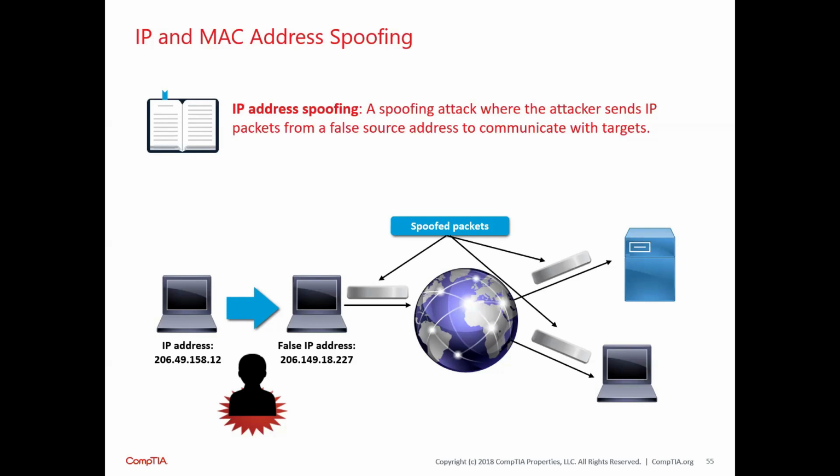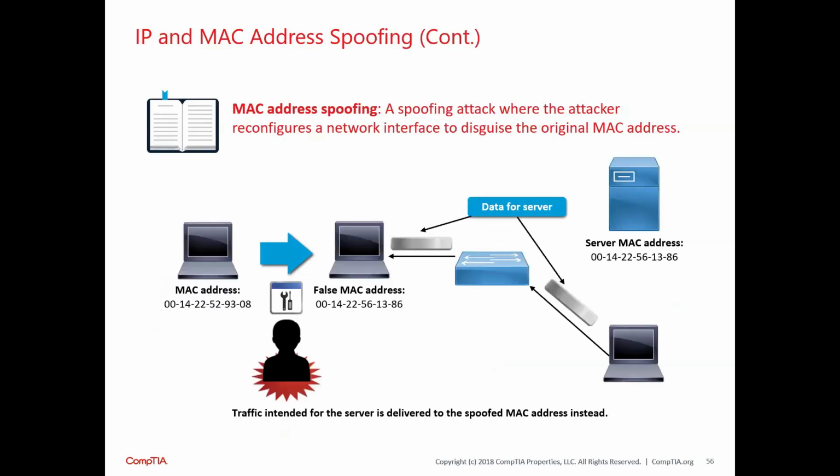For example, Nmap, one of the most commonly used port scanners, can scan with a spoofed IP or even MAC address. This is MAC address spoofing. Basically, you fool other computers into believing that your MAC address or IP is this, where in actuality your MAC address is something else.